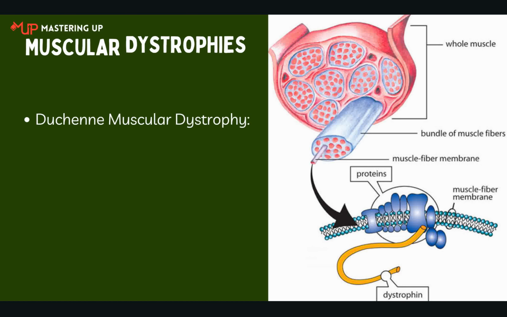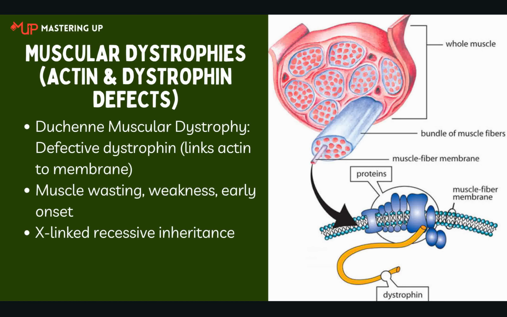Let's begin with muscular dystrophies, particularly Duchenne muscular dystrophy, one of the most well-known diseases associated with cytoskeletal malfunction. This disorder is caused by a mutation in the gene coding for dystrophin, which is a protein that connects the actin cytoskeleton to the cell membrane.